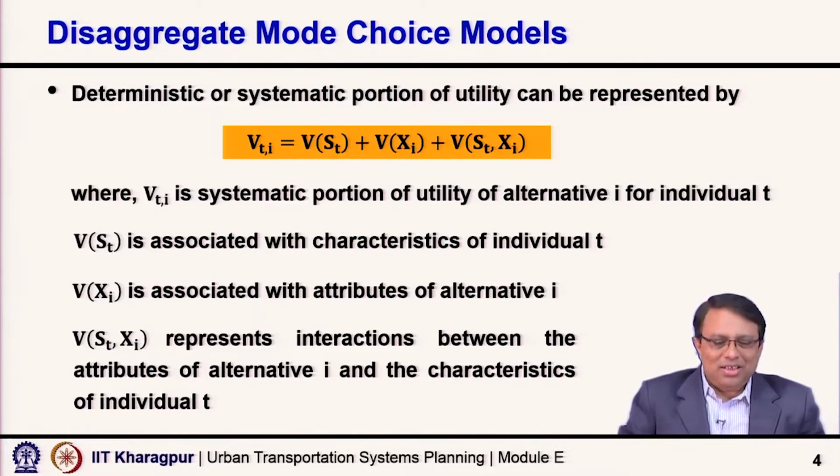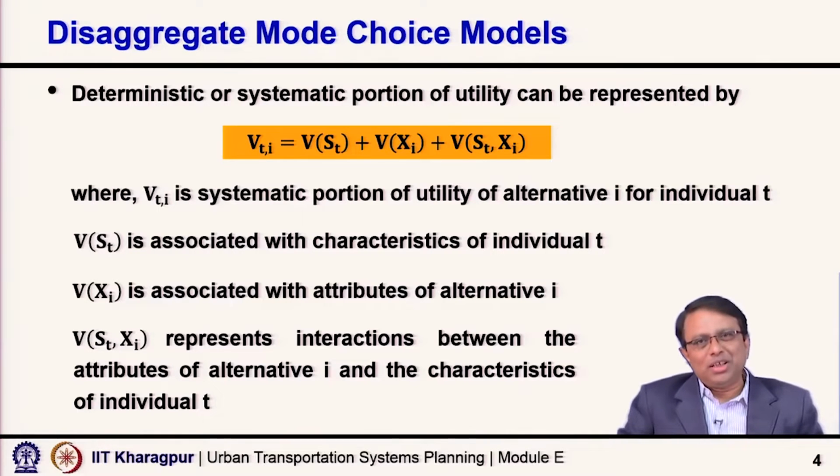So, you can say if the systematic portion of the utility for individual t and alternative i is V_ti, that means it is person specific, individual t, and it is alternative specific, because attribute values like travel time, travel cost, etcetera will be for alternative i. So, it is for an individual and for a given alternative. What is the value of the utility? That will have three components.